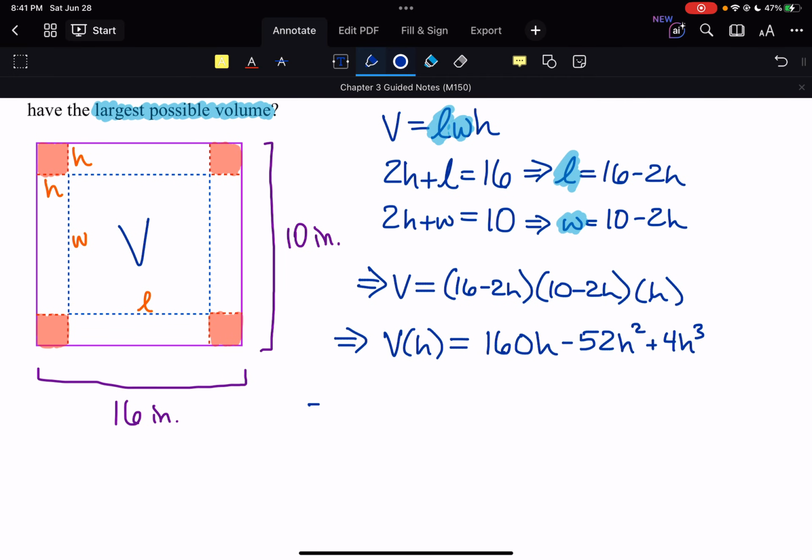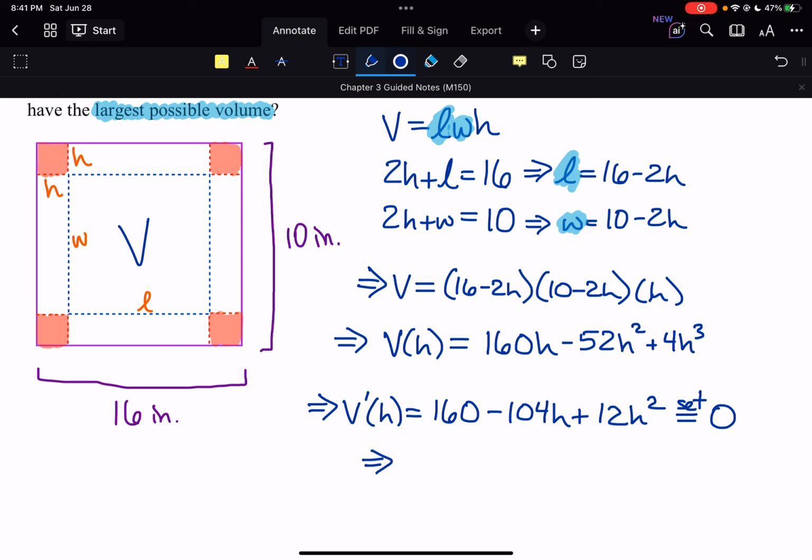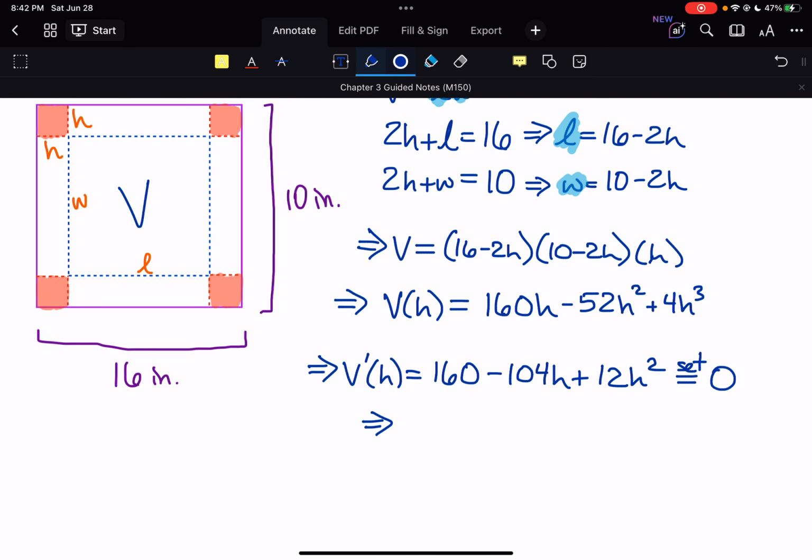And now we can work with this. So we're going to take V prime. We get 160 minus 104h plus 12h squared. We set that equal to 0. Now we have to do a little bit of algebra, but we can divide everything here by 4.